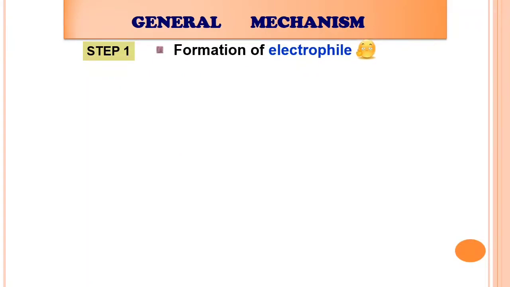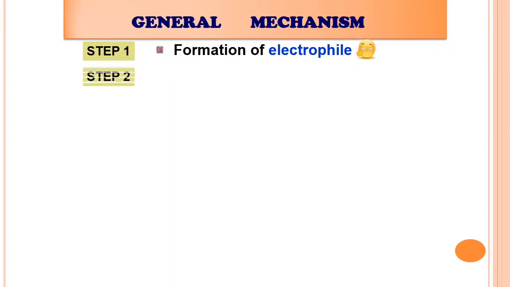We have 3 steps involved here, but the first step is the formation of the electrophile. The electrophile will be substituted into the benzene ring. Remember what I taught in chapter 4.4: the electrophile will replace a hydrogen in the benzene. Only this step is different for the four mechanisms. The second and third steps are the same for all four mechanisms. So only the first step is different, which is the formation of the electrophile.